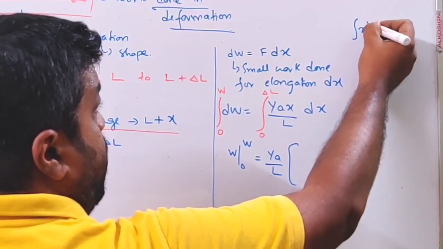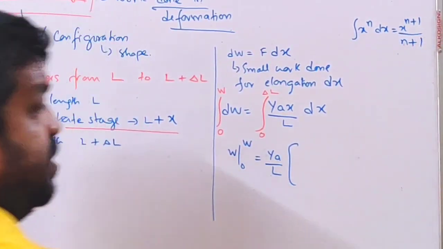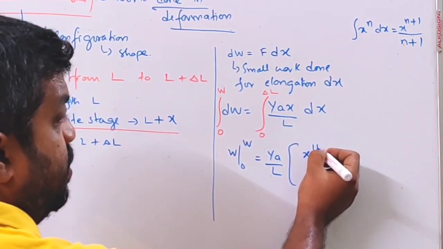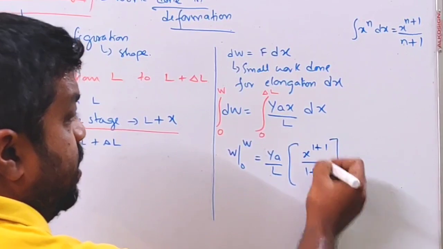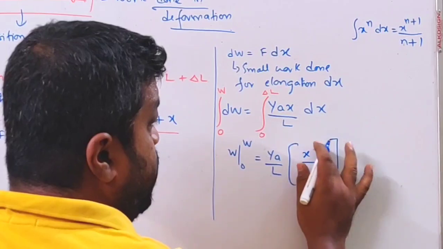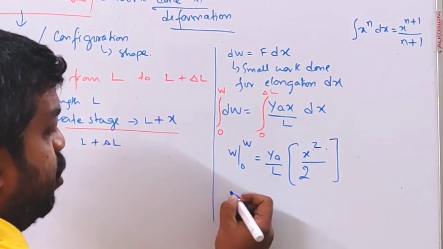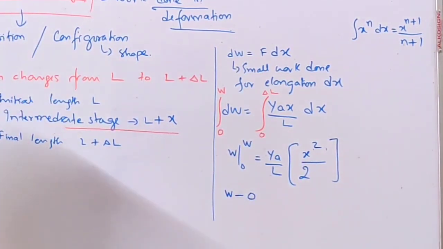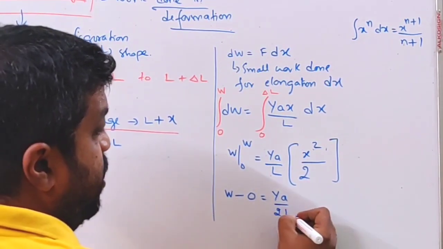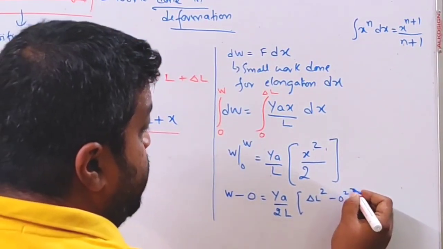The integration of x to the power n dx is x to the power n plus 1 divided by n plus 1. So for x to the power 1, this is x to the power 1 plus 1 divided by 1 plus 1, which is x square by 2. After substituting the limits, upper limit minus lower limit, it is equal to Y A by 2 L, taking the 2 outside, times delta L square minus 0 square.